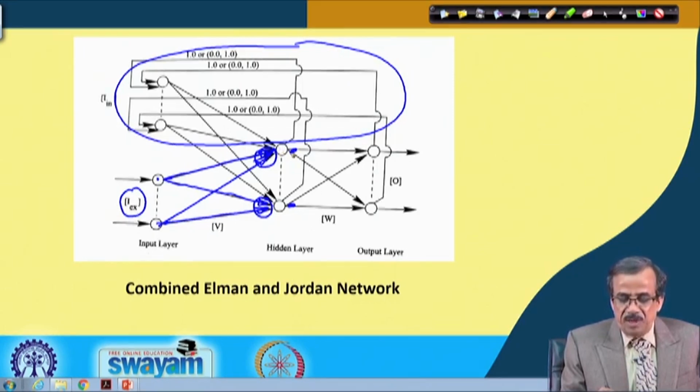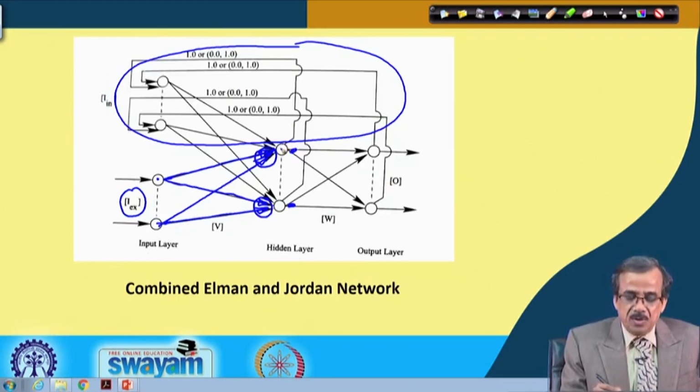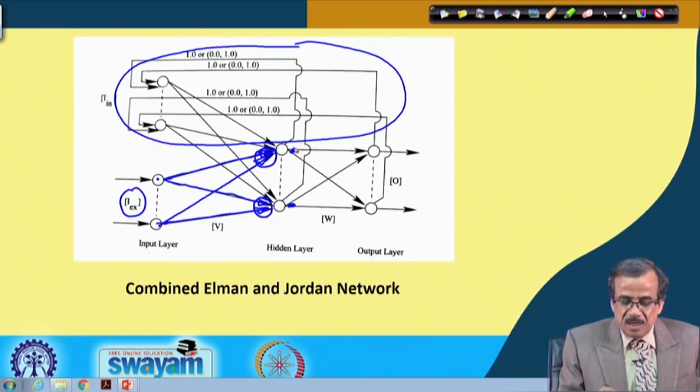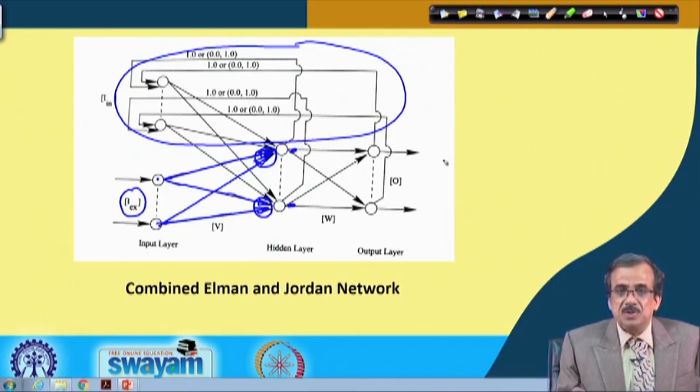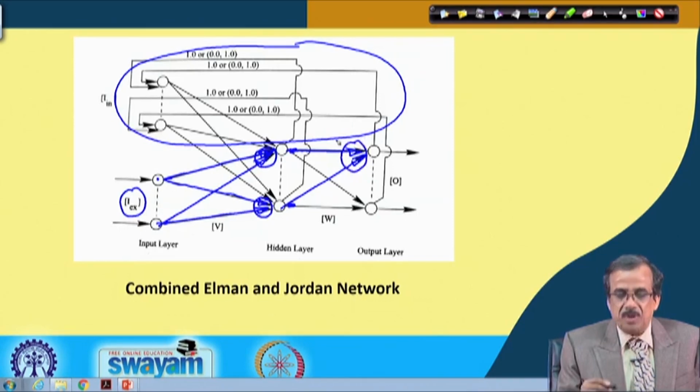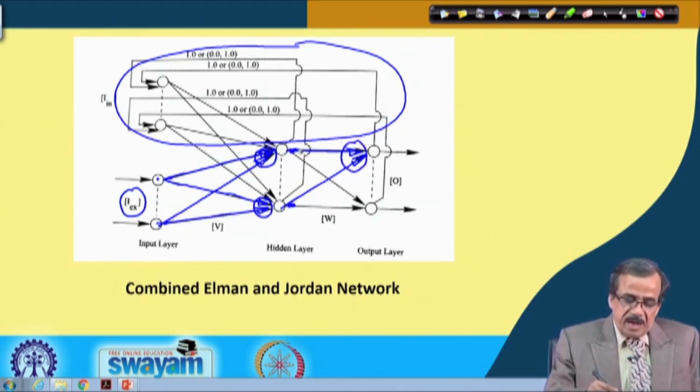One is it will be allowed to pass to the output layer, and this particular output will also be allowed to enter the feedback circuit. Now, let us see what happens if it goes to the feed forward circuit. This output will be multiplied by the connecting weight, so I will be getting some combined input here and here.